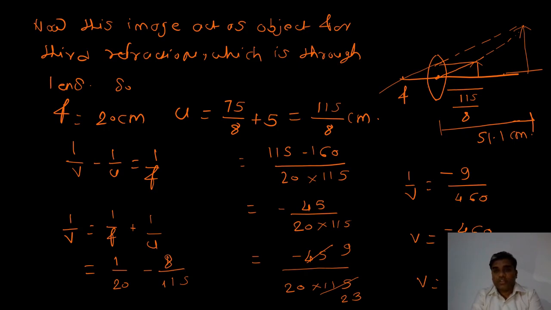After solving this equation you will get one magnified image, at a distance of 51.1 centimeter from the center of the biconvex lens. Thank you.